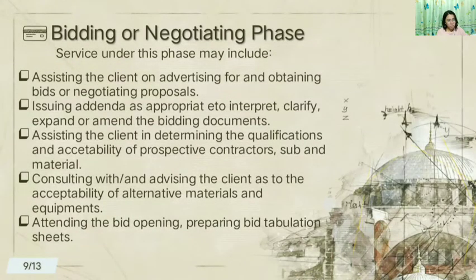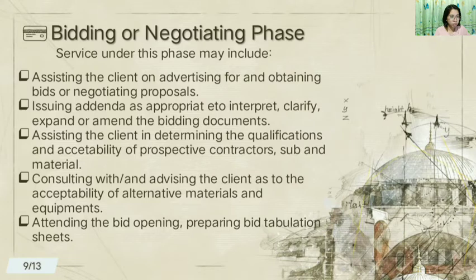Next is the bidding or negotiating phase. It includes assisting the client in advertising and obtaining bids or negotiating proposals. Issuing addenda as appropriate to interpret, clarify, expand, or amend the bidding documents.